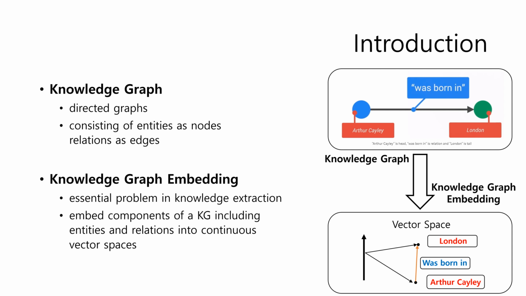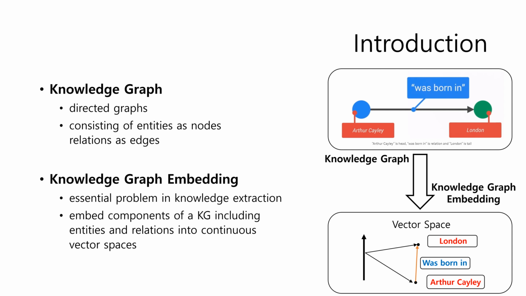Knowledge graph embedding is an essential part of knowledge extraction. In knowledge graph embedding, knowledge graphs are mapped to vectors in a vector space, like word to vector. All entities and relations are shown in a continuous vector space.